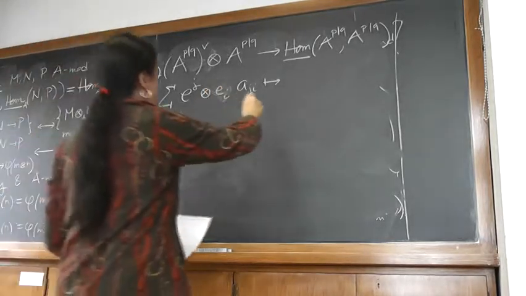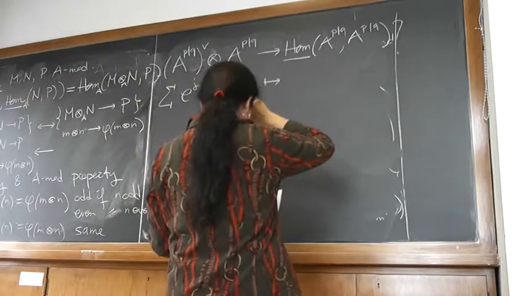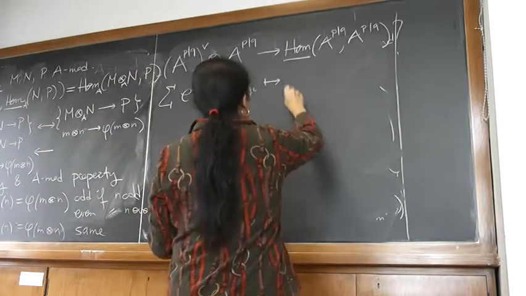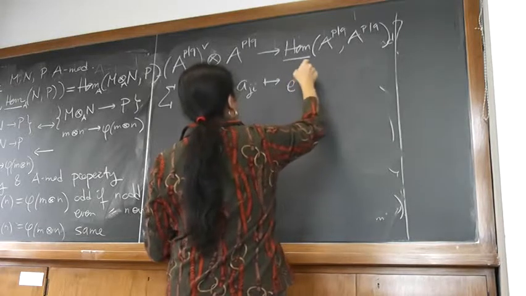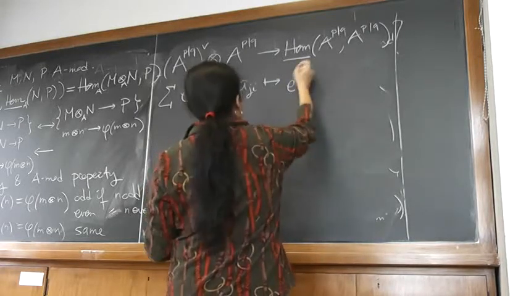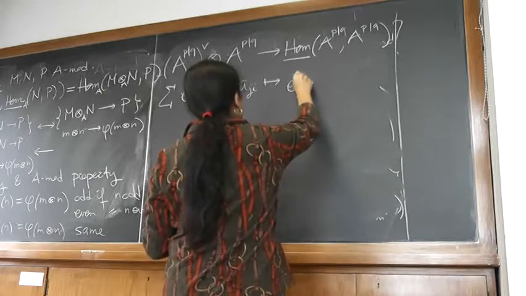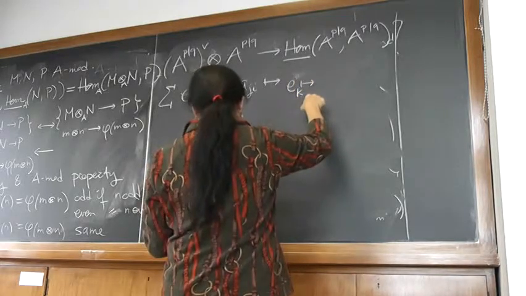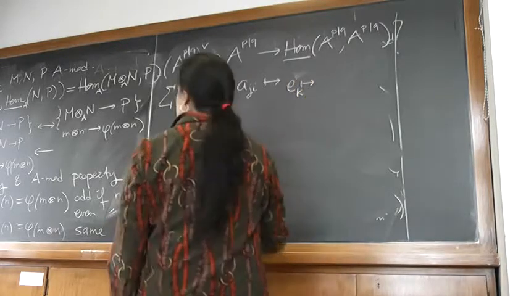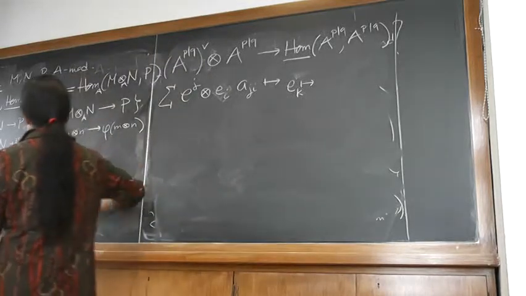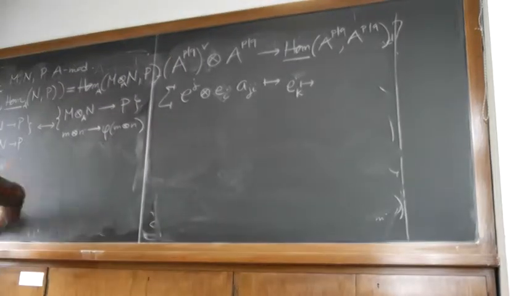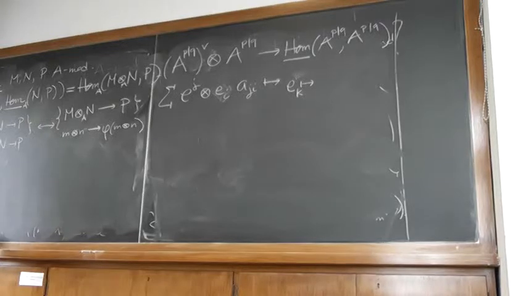So where does this go? It goes to e_k down. Franco is right, we should do it without coordinates, because it's really the right way to think of it.